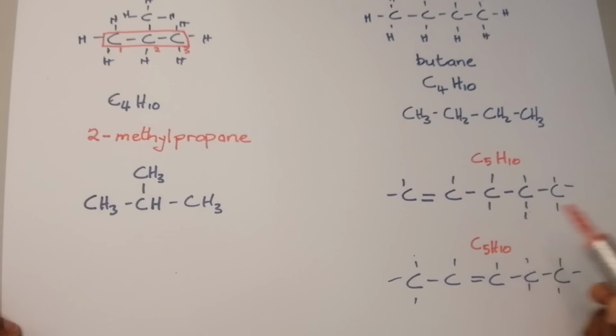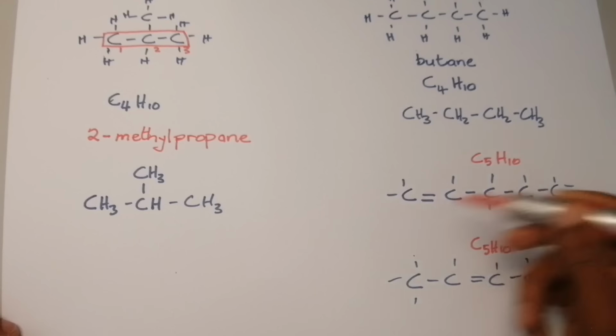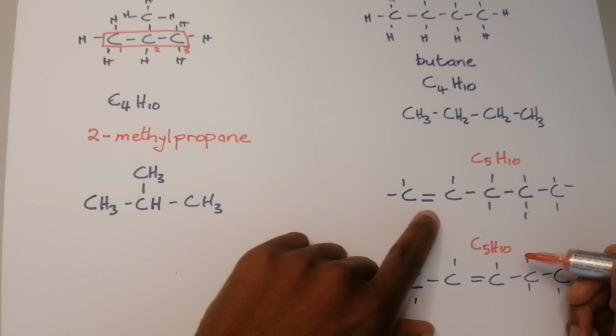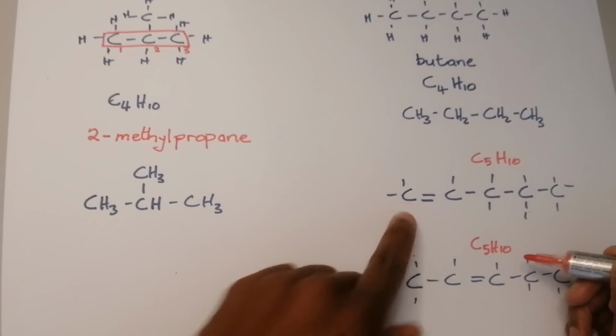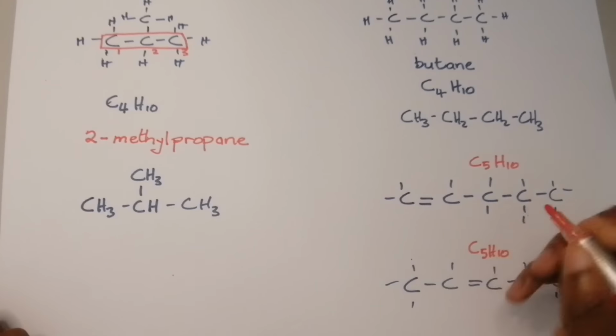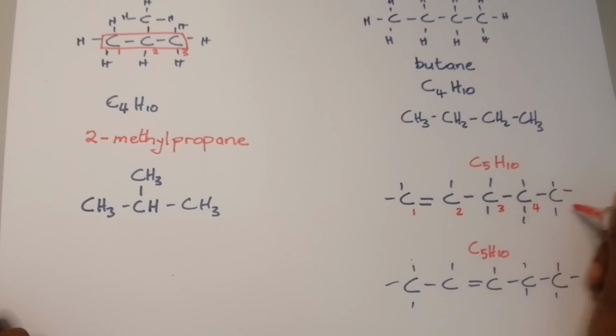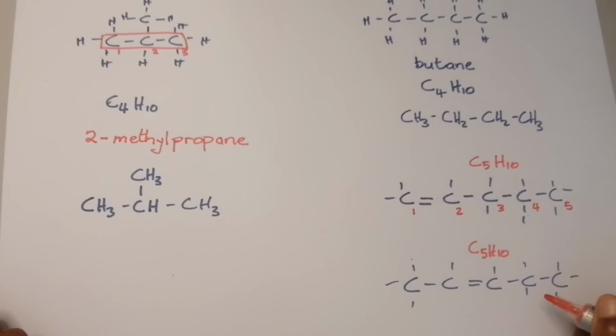So where is it closest? Do I number left to right, or do I number right to left? In this case, because our double bond is closest from the left, I'm going to number from the left-hand side. So this is 1, 2, 3, 4, and 5.